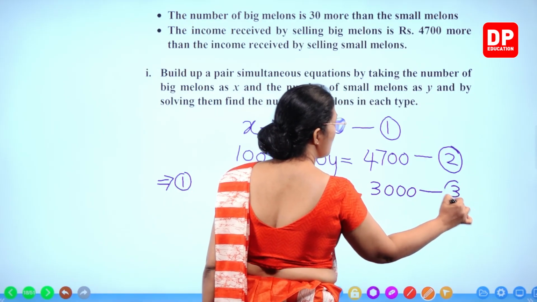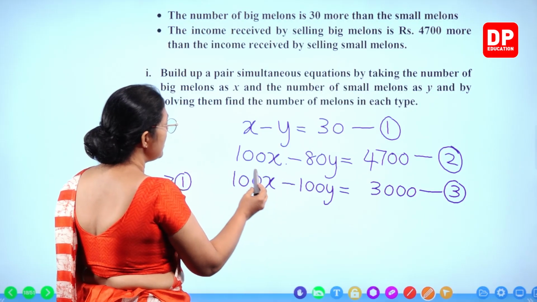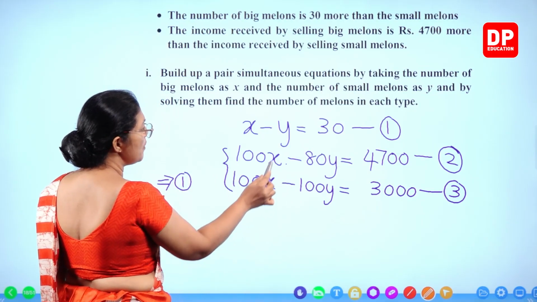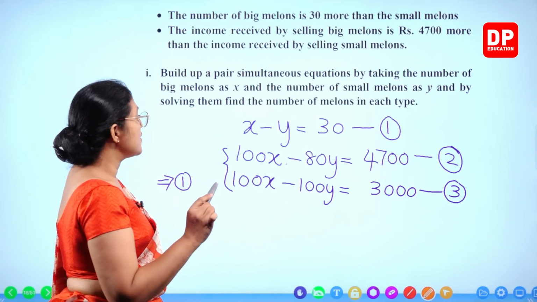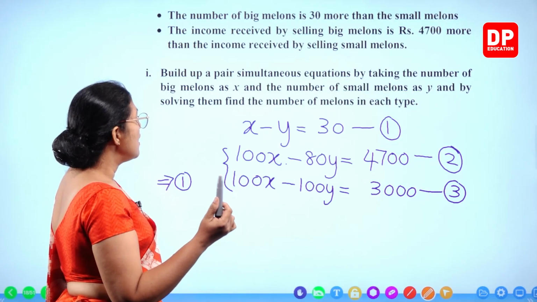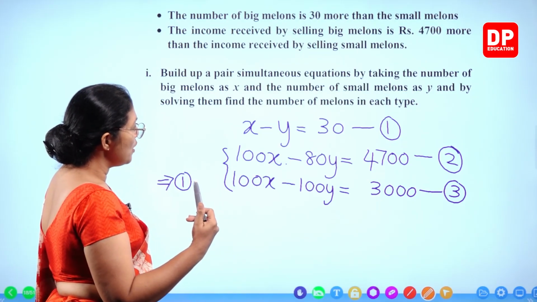That's our third equation. Now we can subtract the two equations because the coefficients of x are equal and the signs are the same.